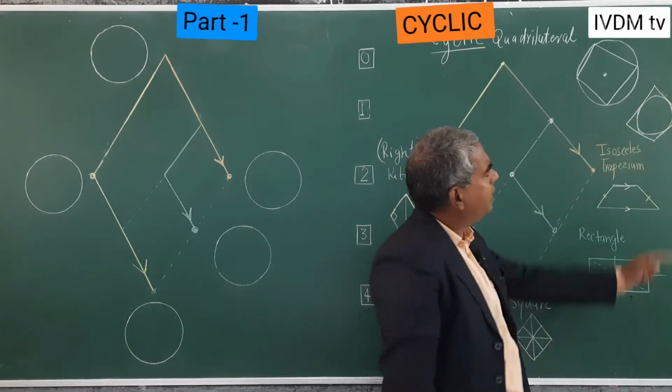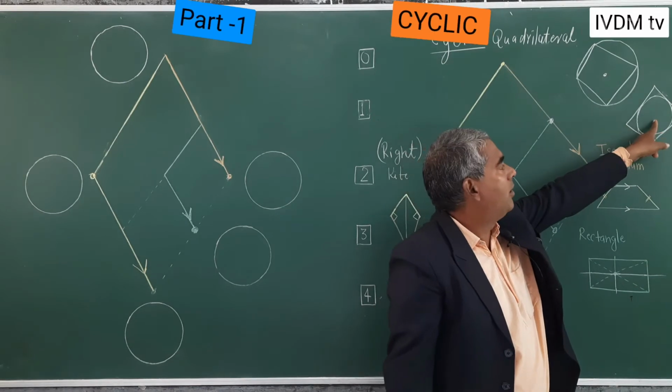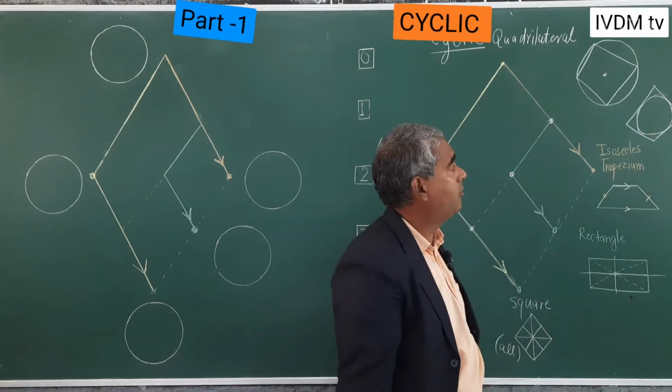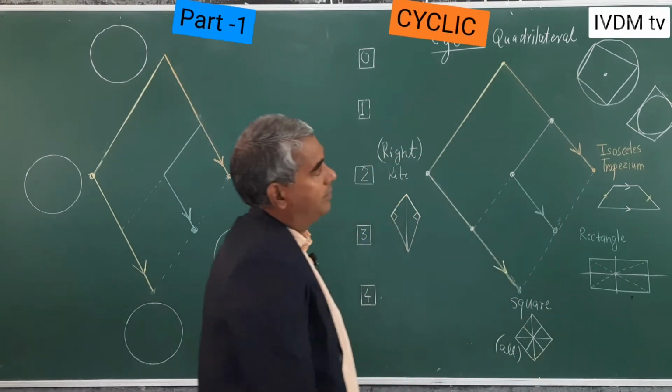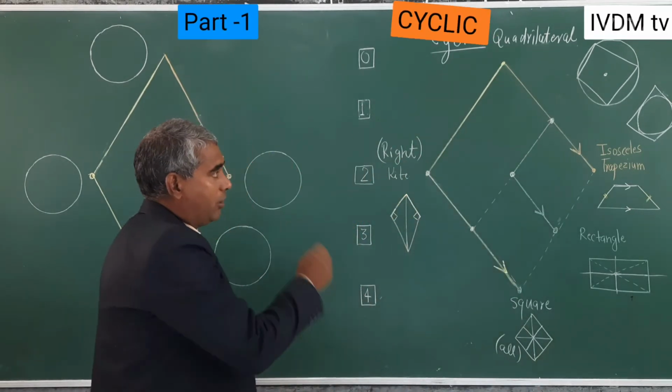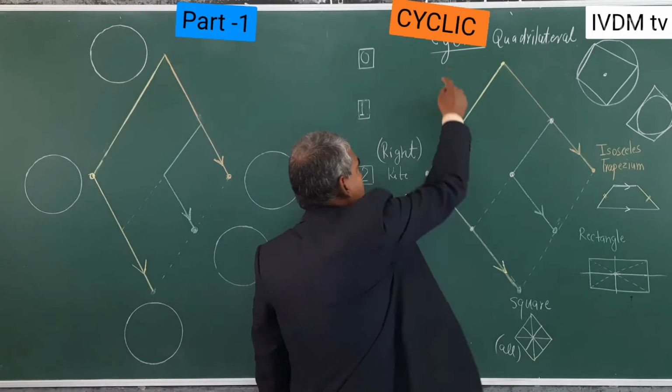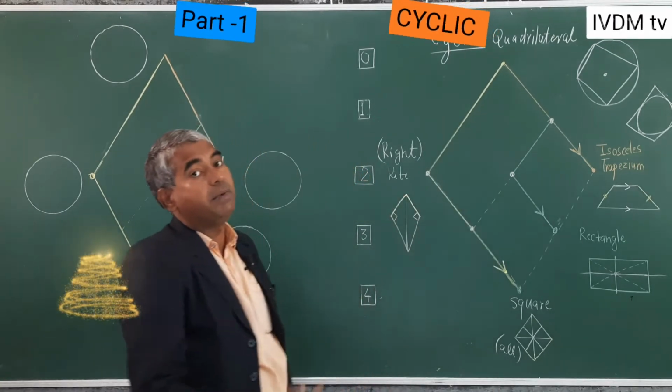So that is a different thing. This is called a tangential quadrilateral and this is called a cyclic quadrilateral.